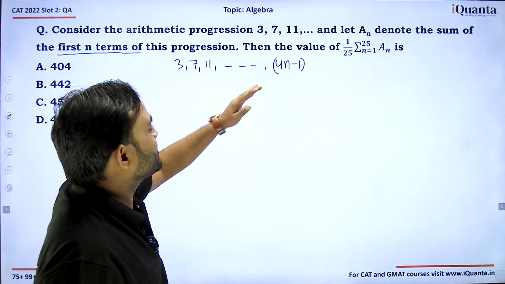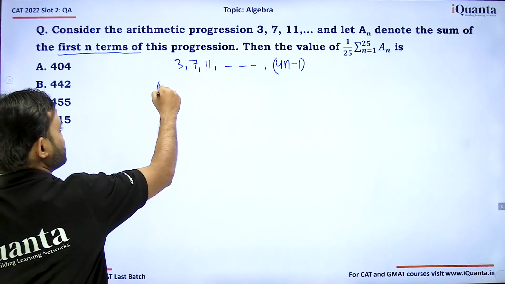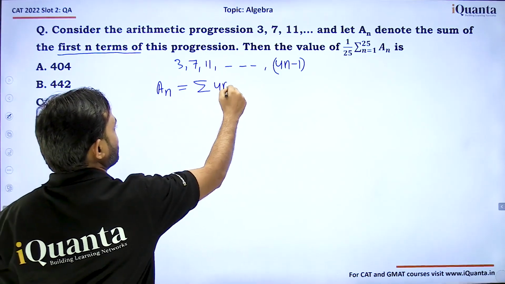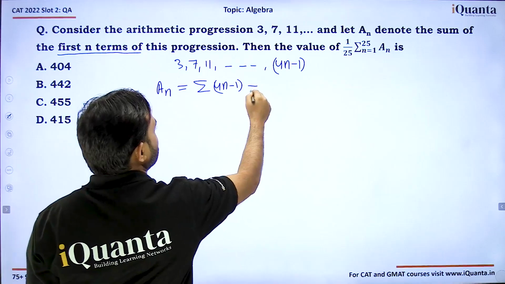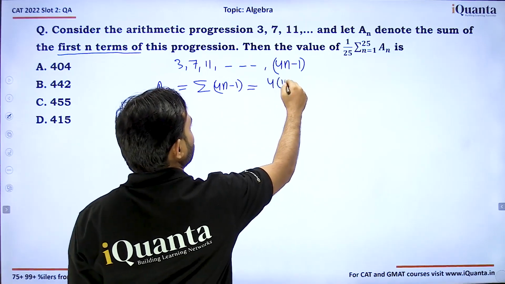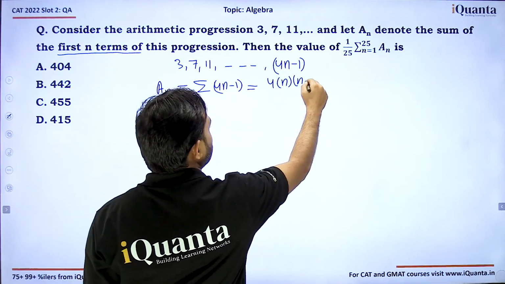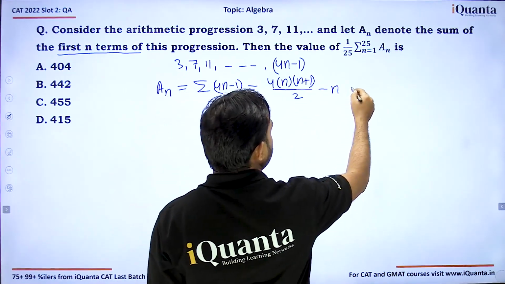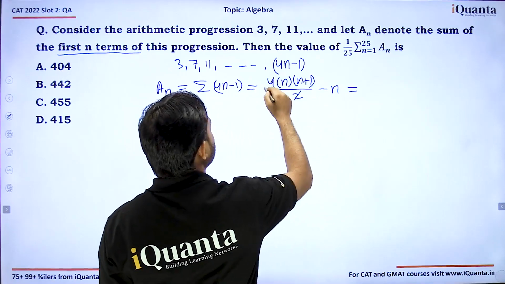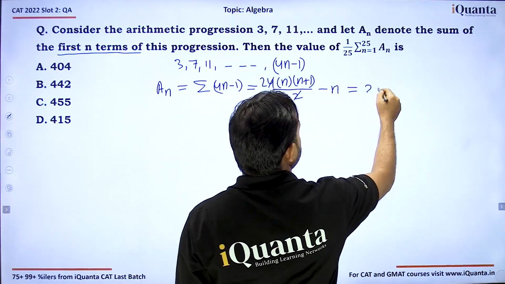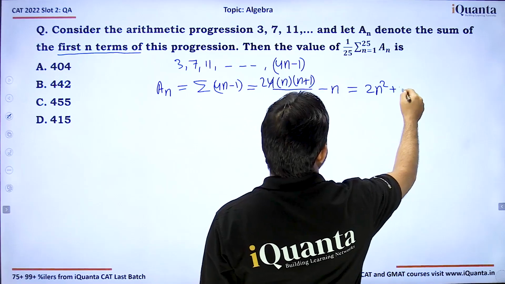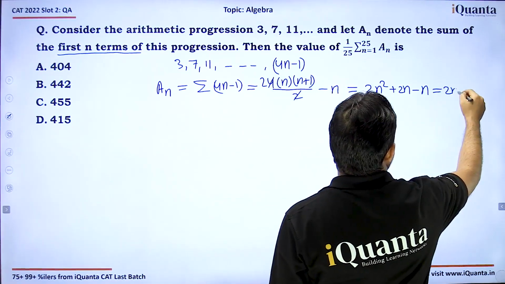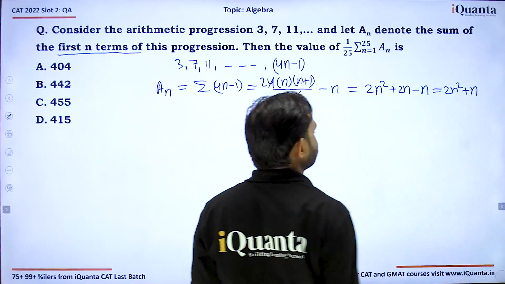So sum of first n terms of this series, which is an, will be equal to summation of 4n minus 1, which will be equal to 4 times n into n plus 1 by 2 minus n, which will give us, so 2 cancelled out, 2n square plus 2n minus n, which is equal to 2n square plus n.